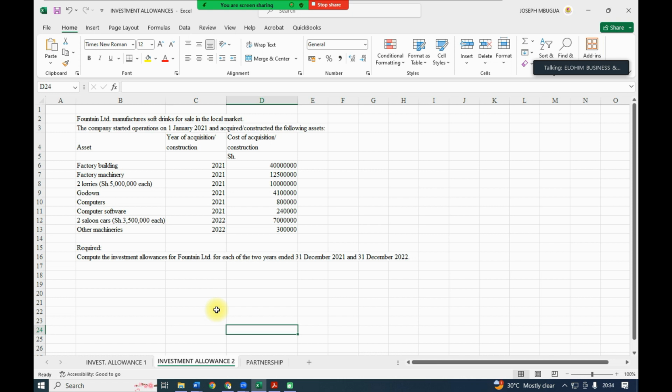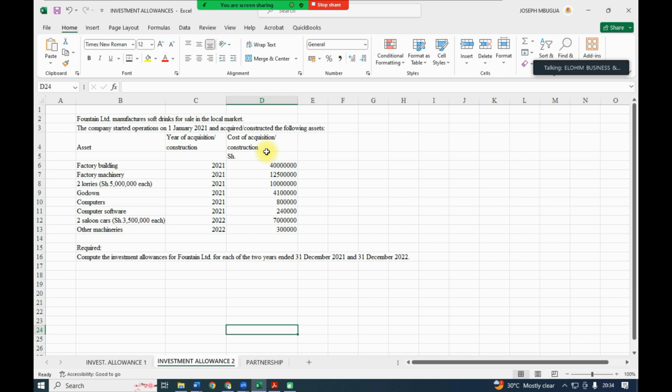So I'll read through this. Fountain Limited manufactures soft drinks for sale in the local market. The company started operation in January 2021 and acquired or constructed the following assets. We have the asset, year of acquisition and construction, cost of acquisition or construction, what we incurred to acquire or construct the items.